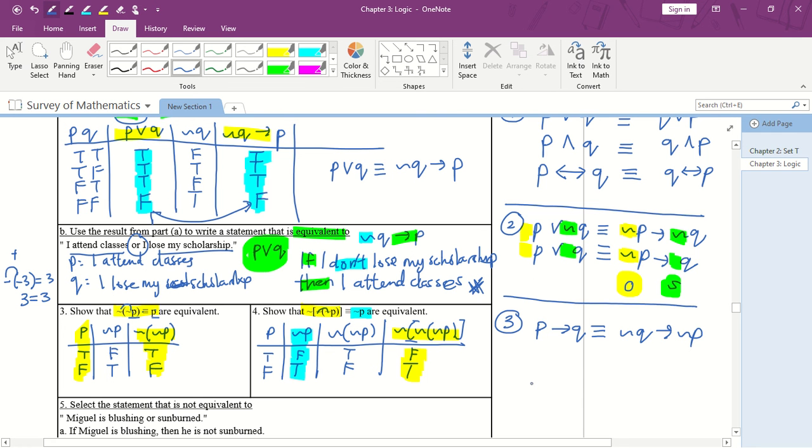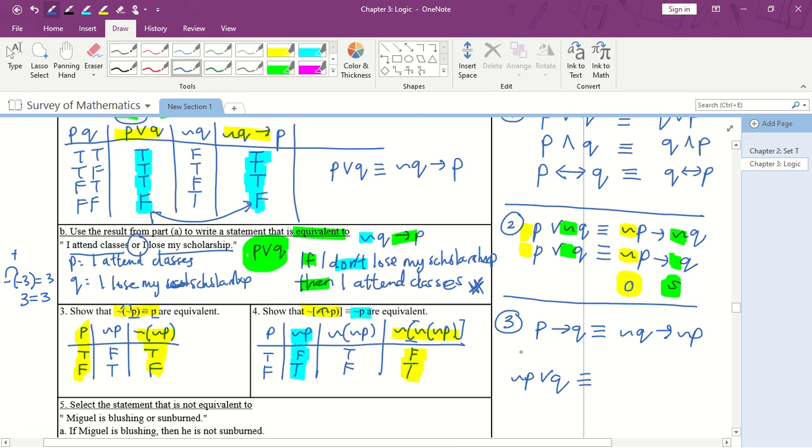Okay? So you might still be a little bit confused. Let me just explain one more example here. Maybe I will put here negation P or Q. Now, I'm asked to find an equivalent conditional statement. So how should I find it?